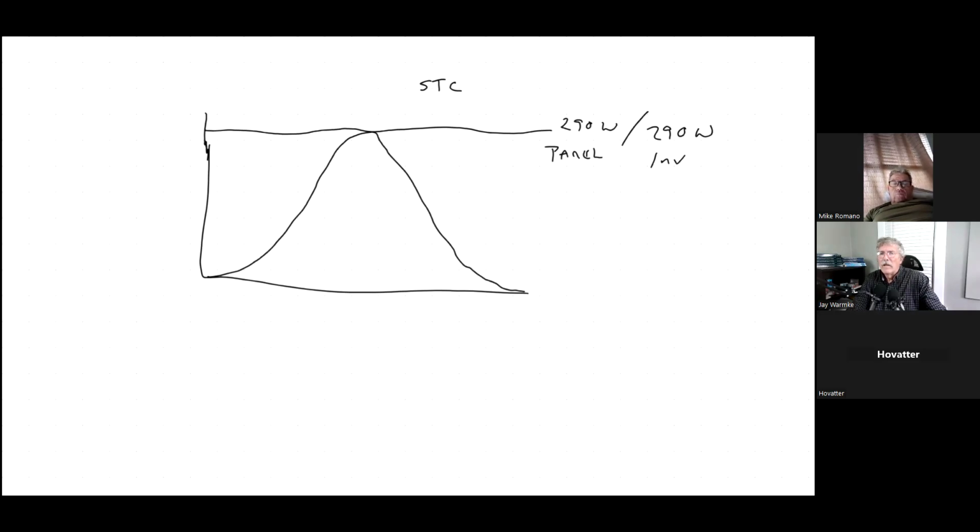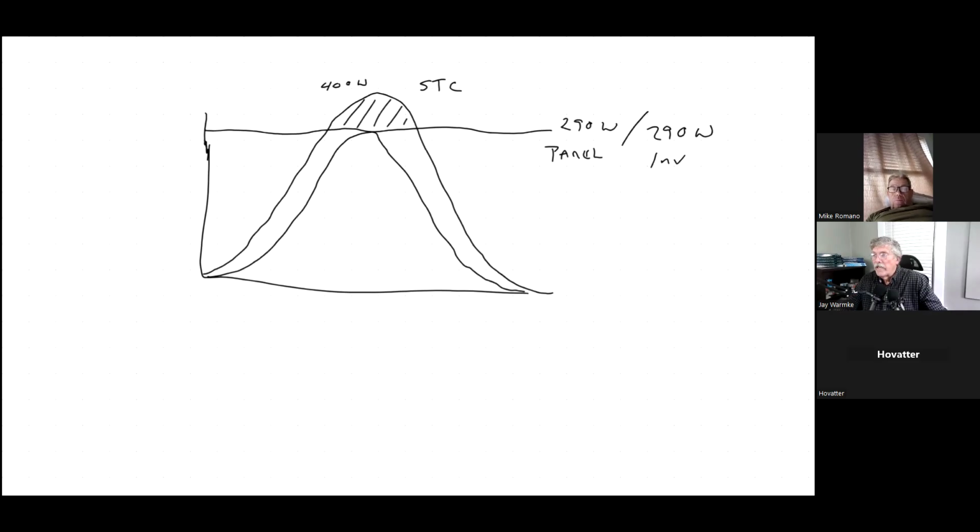Well, now the curve is going to look something more like this. All right, say this is 400 watts up here at peak. Well, I've still got a 290 watt inverter hooked up to it. So all of this power here has been clipped off.